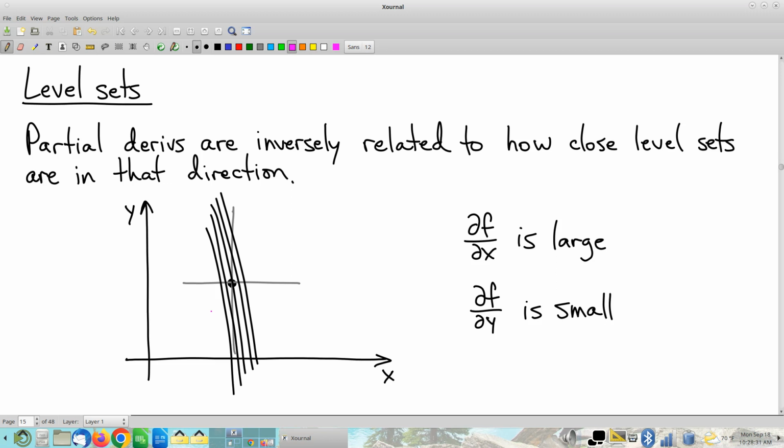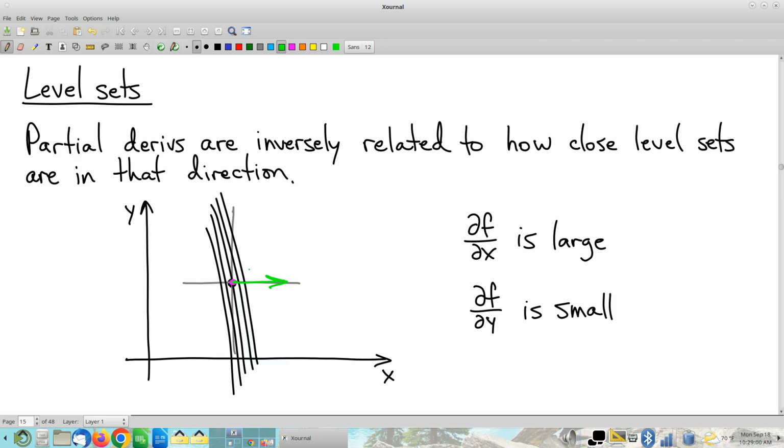Anyway, as we previously discussed, if you were at this point, and if you were to take off and start moving in the x direction, that's a pretty steep hike. Look how close together these contour lines are. I'm crossing from one contour line to the next in just a teeny tiny little bit of horizontal distance. So that's looking kind of steep.